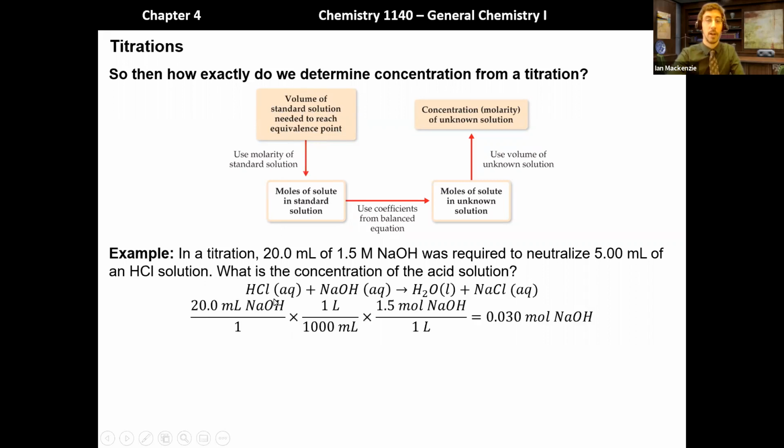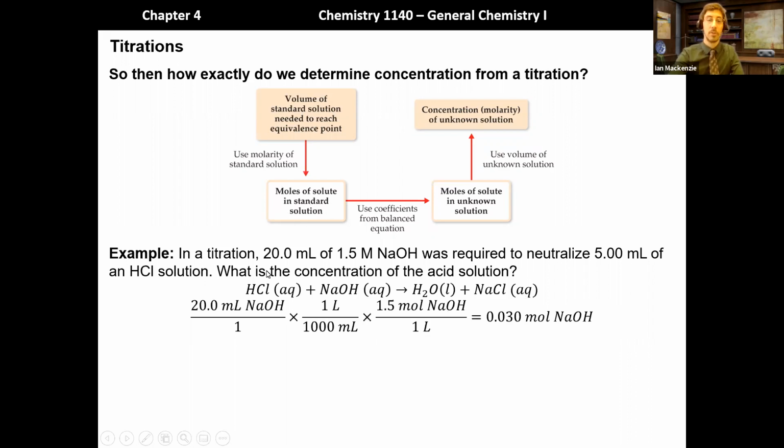So start out with volume of sodium hydroxide. It's in milliliters, so I will convert it to liters. And I know the molarity, which is moles per liter. So I use that conversion factor now to cancel out liters and come out with moles of sodium hydroxide. Now I'm here. This is moles of my standard solution.